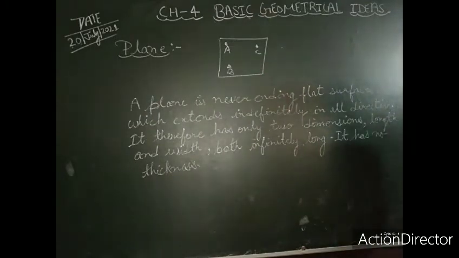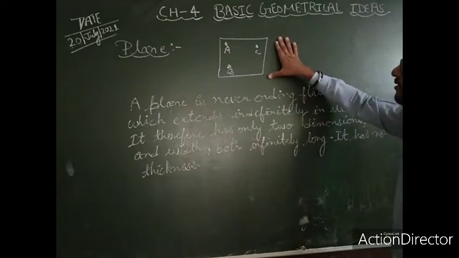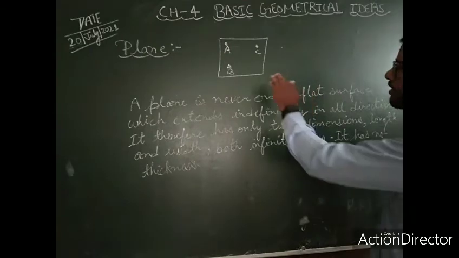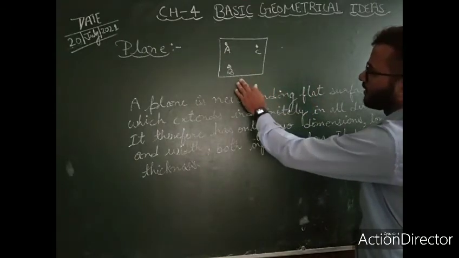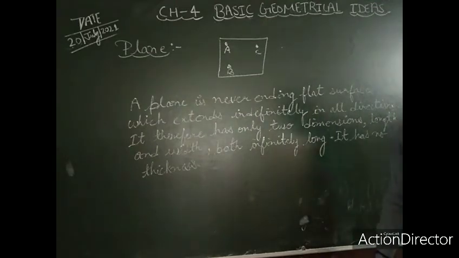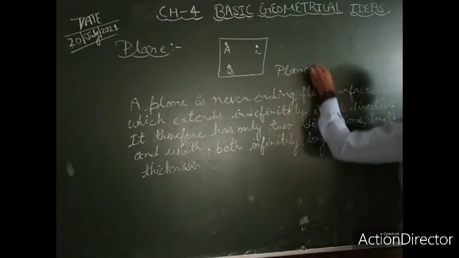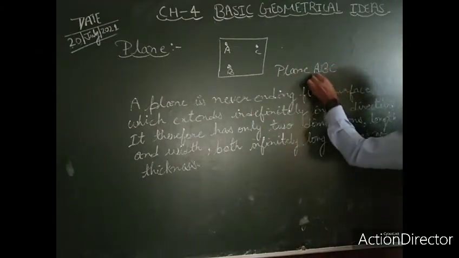So now here we learn how to name a plane, naming of a plane, okay? So here we say that the name of this plane is ABC, right? So here we write plane ABC, okay?